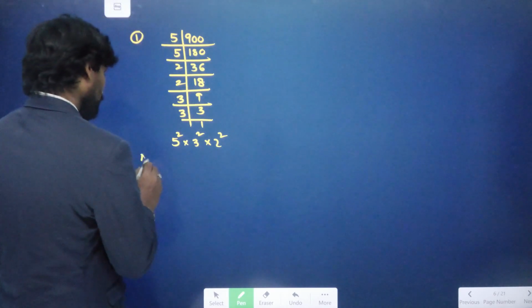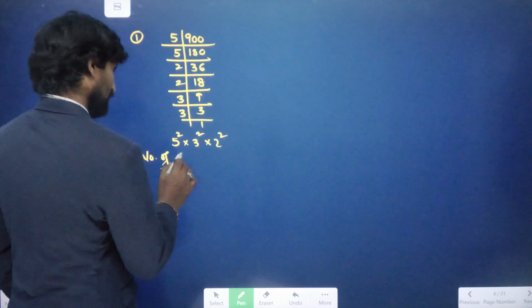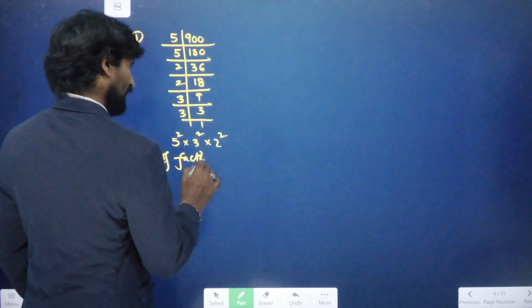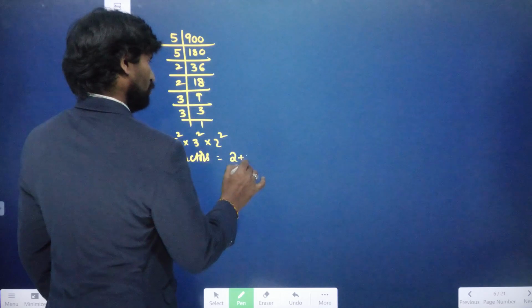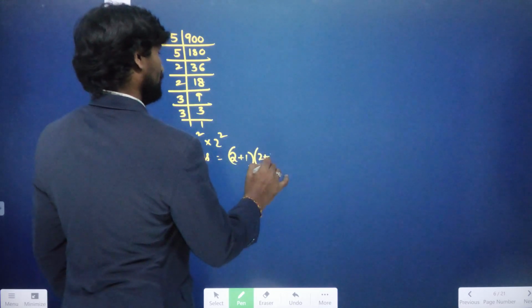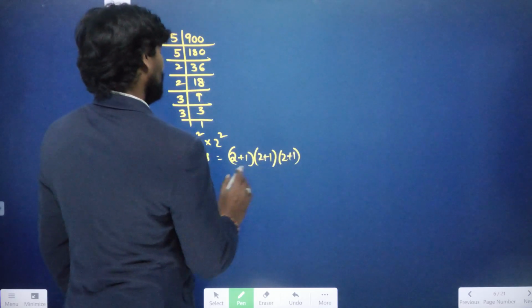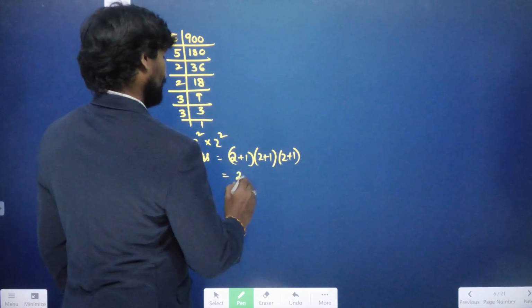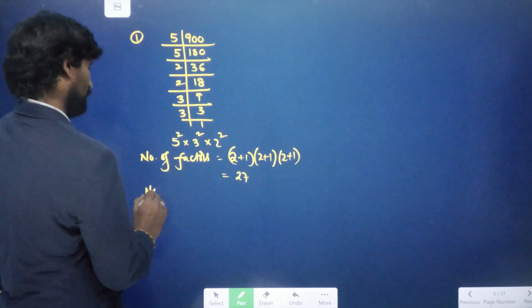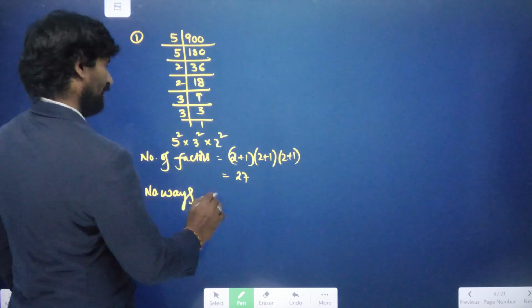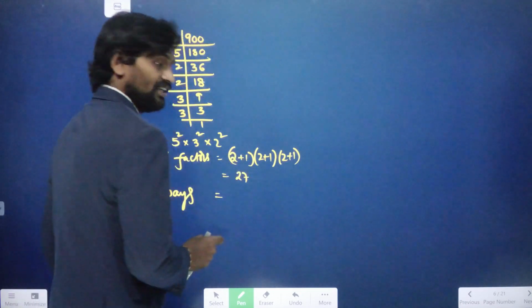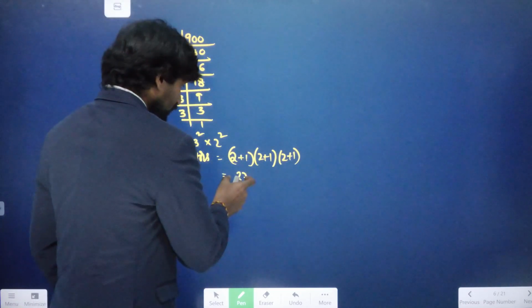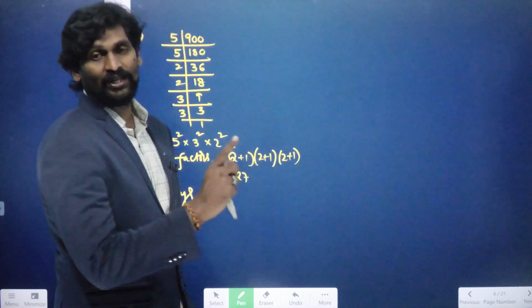Therefore the total number of factors is 2 plus 1 into 2 plus 1 into 2 plus 1, which is 3 into 3 into 3, 27. Then the number of ways: whenever you have an odd number here, we write that odd number plus 1 by 2.